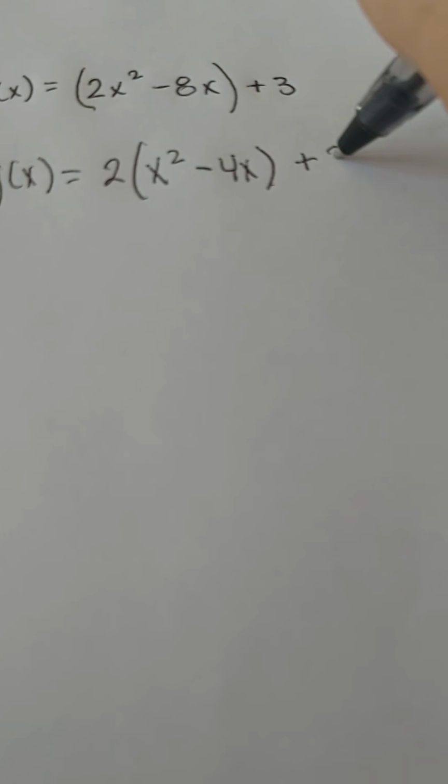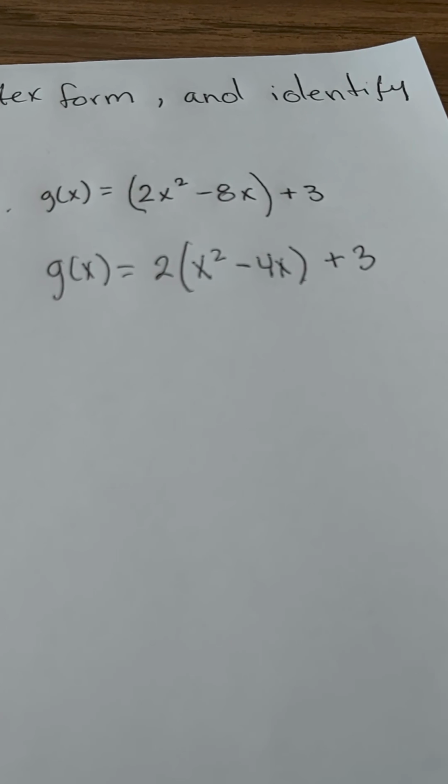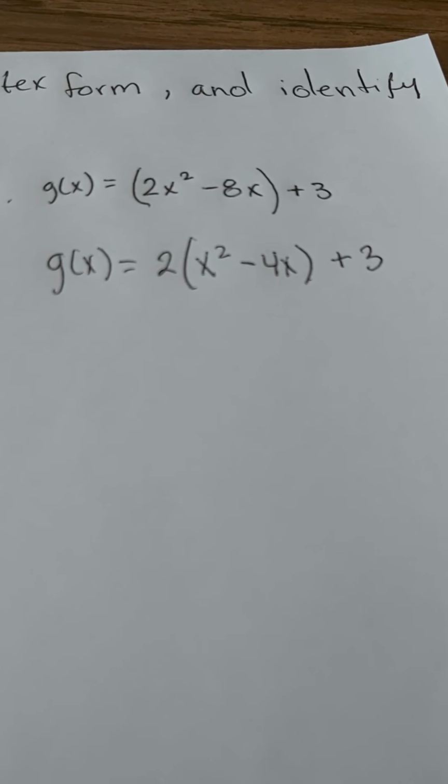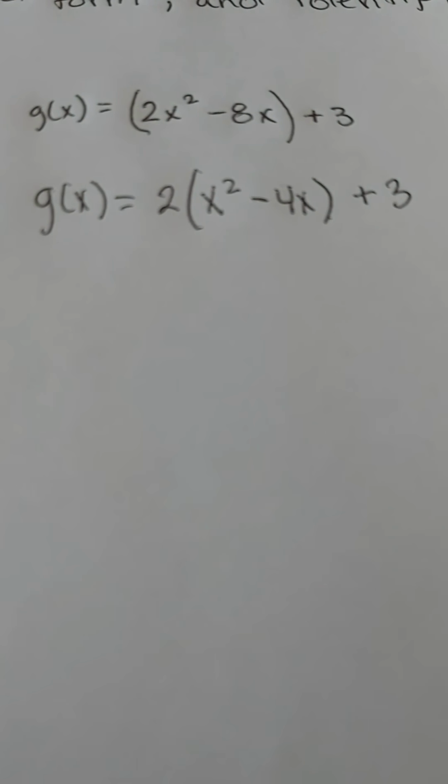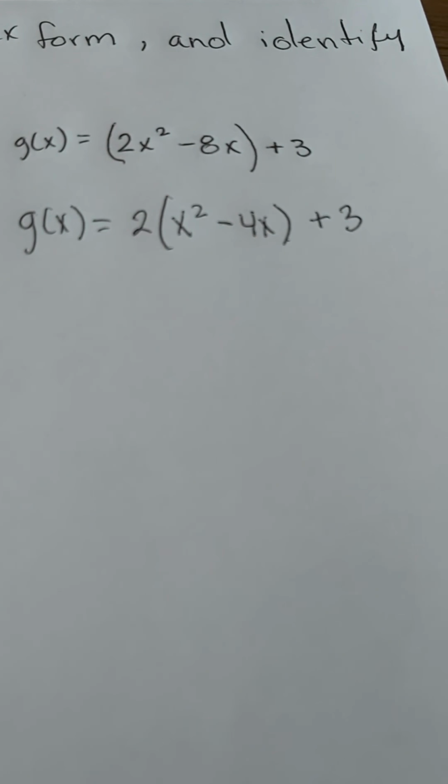And 2 times what equals negative 8x? Negative 4x, plus 3. So we factor and get 2 times x squared minus 4x plus 3.